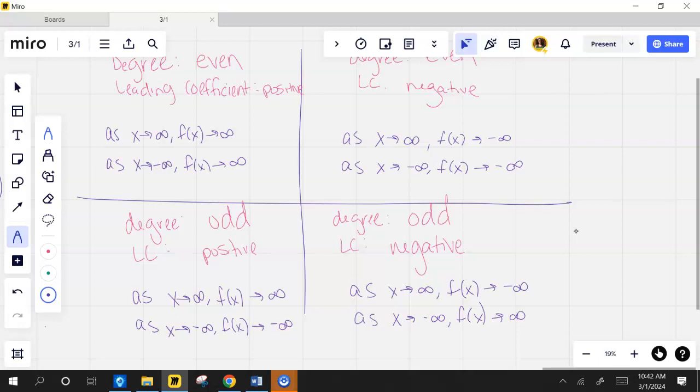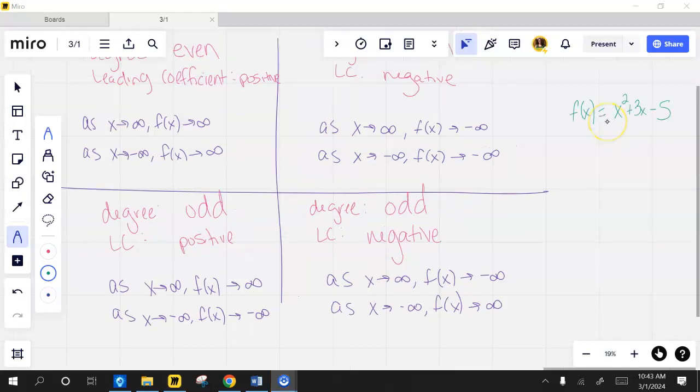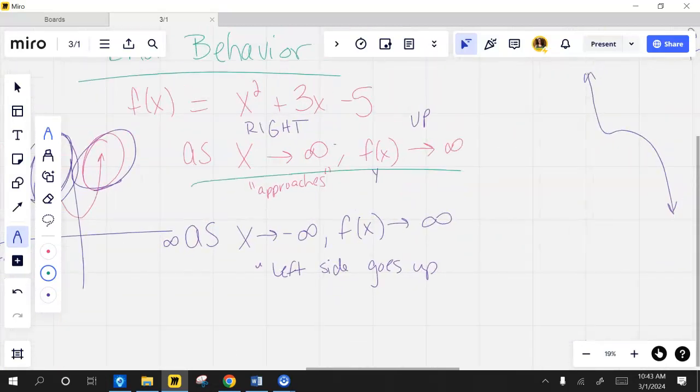All right. Ready? So it's going to be like questions. Which one at the top? The top left. It's even and it's positive. So I would be here. Is that the end behavior for this one? Is that what we got before? Say yes, because we did.